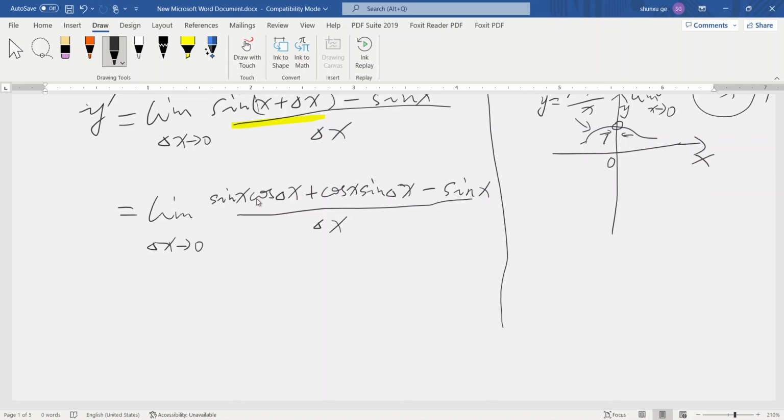Okay, now we write here. Here there is sin x, and here there is sin x. We take them together.